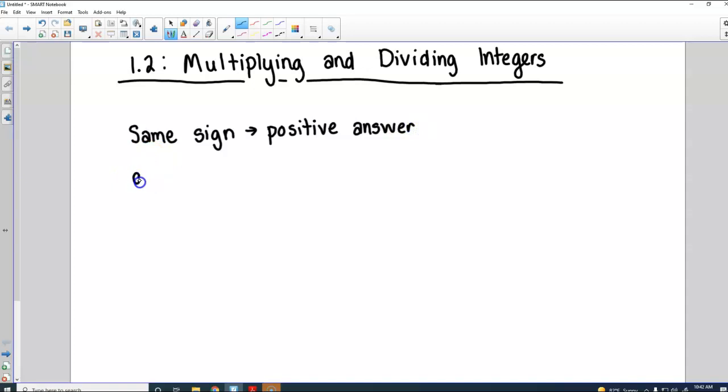And if you have different signs, you're going to have a negative answer. And this applies for both multiplying and dividing, so there's not different rules for those.